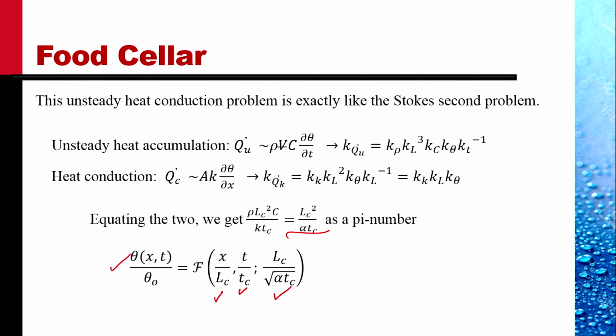Here again, we are given the characteristic time. There are two characteristic times in the problem. One is for the daily variations, a 24-hour time period, and the other is for the yearly variation, 365 days as the time period.